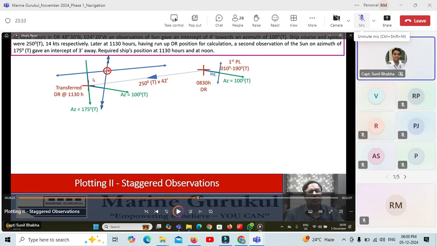But how will we draw the second PL, the second observation? Because the second observation is plotted with reference to the transferred DR. So we will not get the transferred DR in that case, na? Clear, beta? Yes, sir. So you need to be very careful about the wording which is given in the question. DR position.